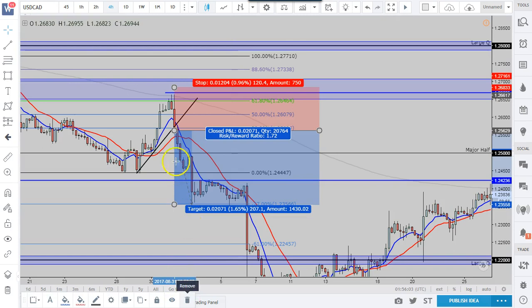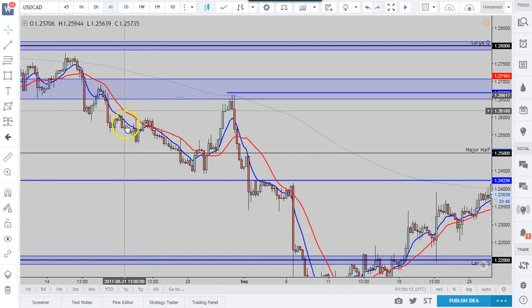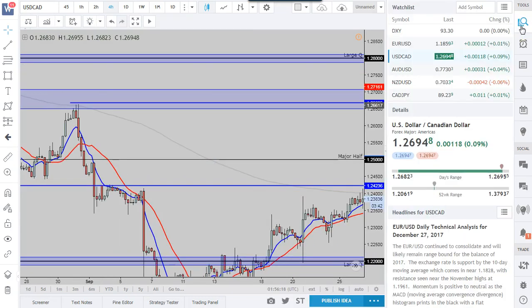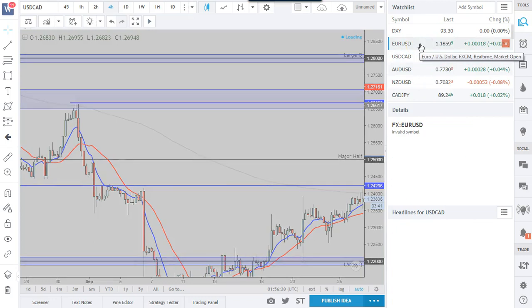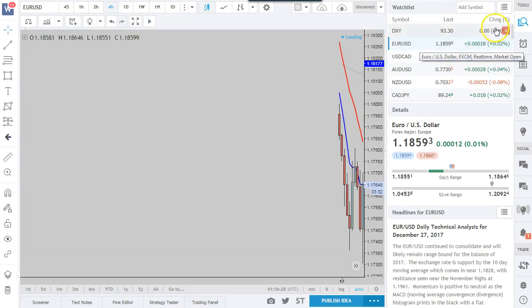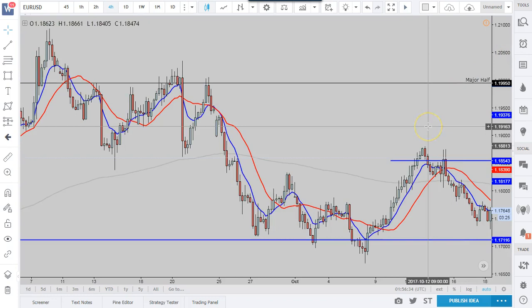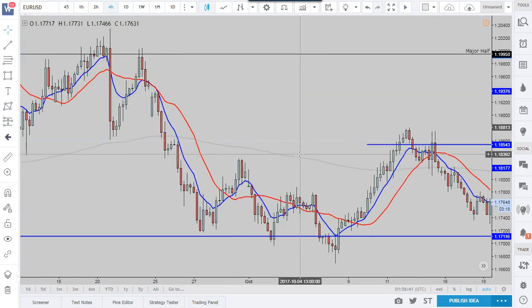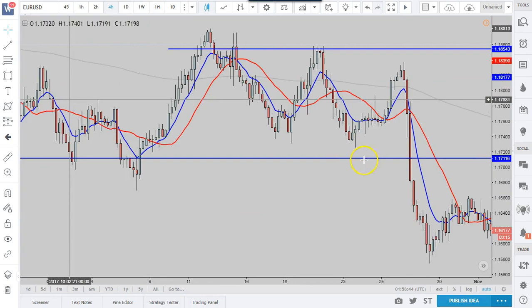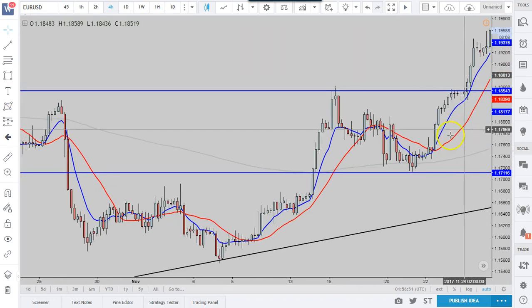Okay, I'm going to show you many examples. Whenever you are looking for a trend continuation ABCD, let me go to the EUR/USD.